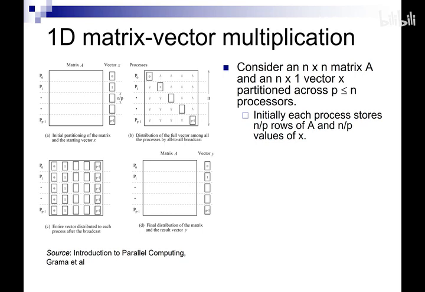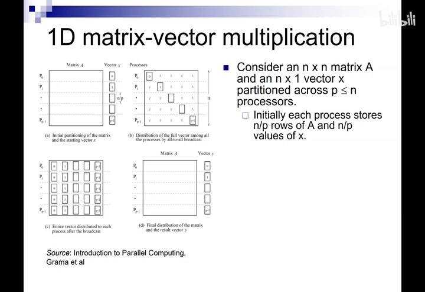In the first implementation, we're going to take this matrix A and divide it up row-wise. If we have p processors, then we're going to take every n divided by p rows of A and give it to a different processor.